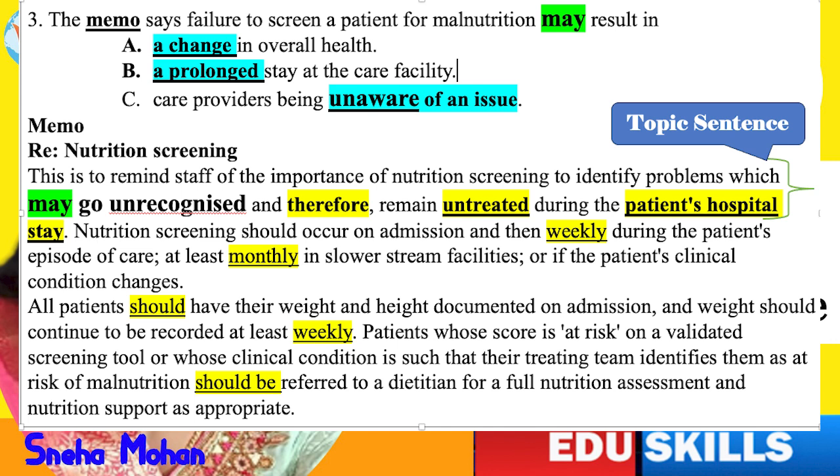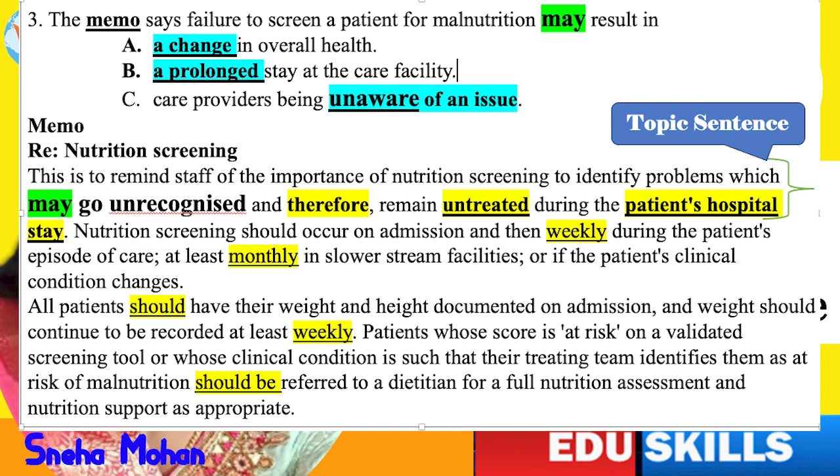All patients should have their weight and height documented on admission, and weight should continue to be recorded at least weekly. Patients whose score is at risk on a validated screening tool or whose clinical condition is such that their treating team identifies them as at risk of malnutrition should be referred to a dietitian for a full nutrition assessment and nutrition support as appropriate.